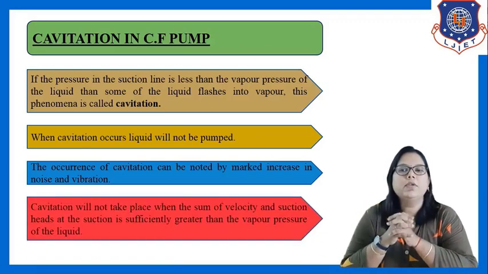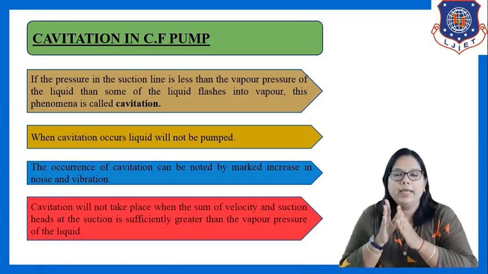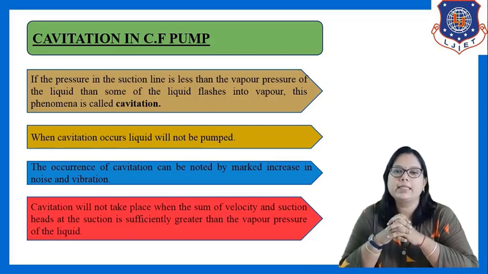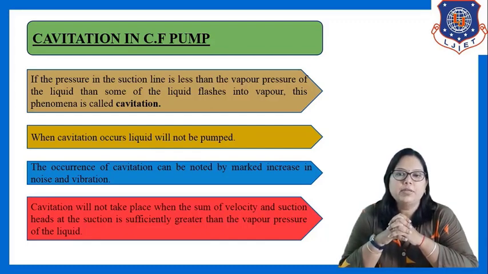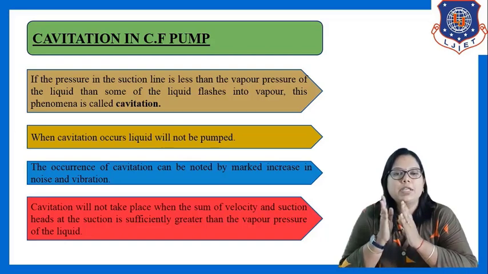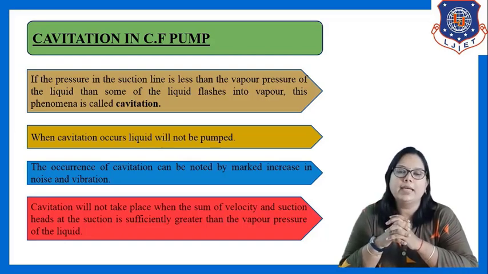And cavitation will not take place when the velocity and suction head at the suction is sufficiently greater than the vapor pressure of the liquid. So to avoid cavitation, the pressure in the suction line should be greater than vapor pressure of the liquid.